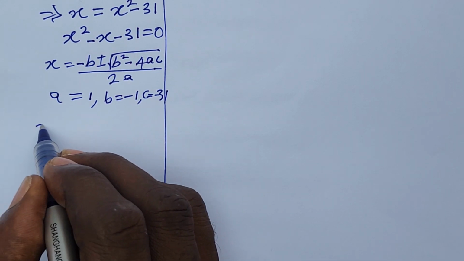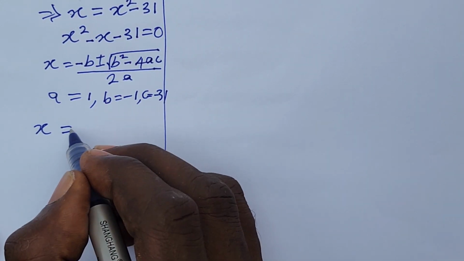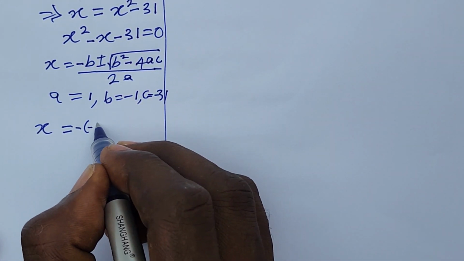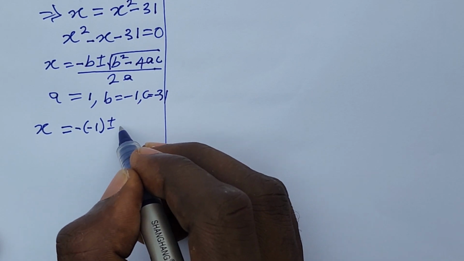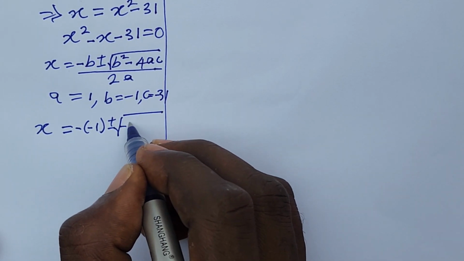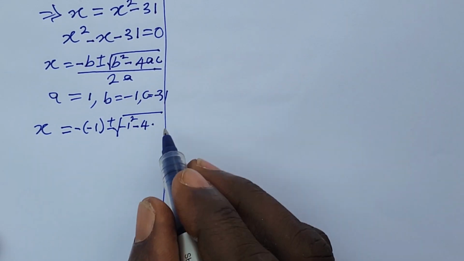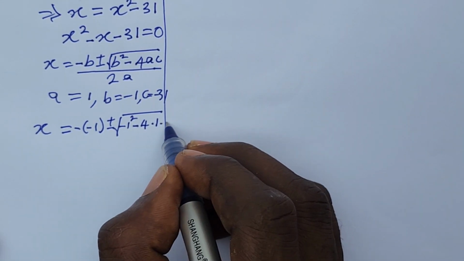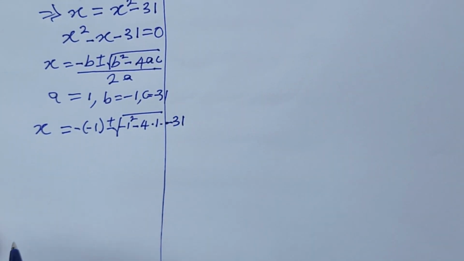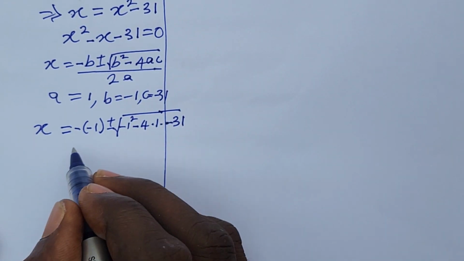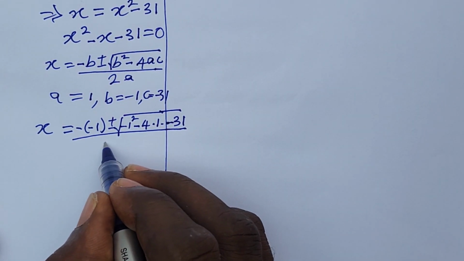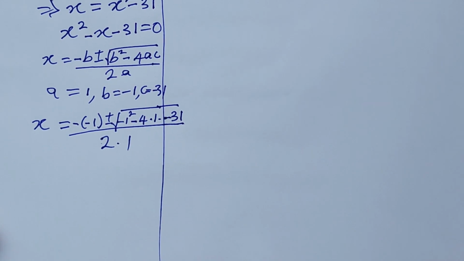So if we substitute, we're going to have x is equal to minus bracket minus 1 close bracket plus or minus the square root of minus 1 squared minus 4 times 1 times minus 31, everything all over 2 times 1.